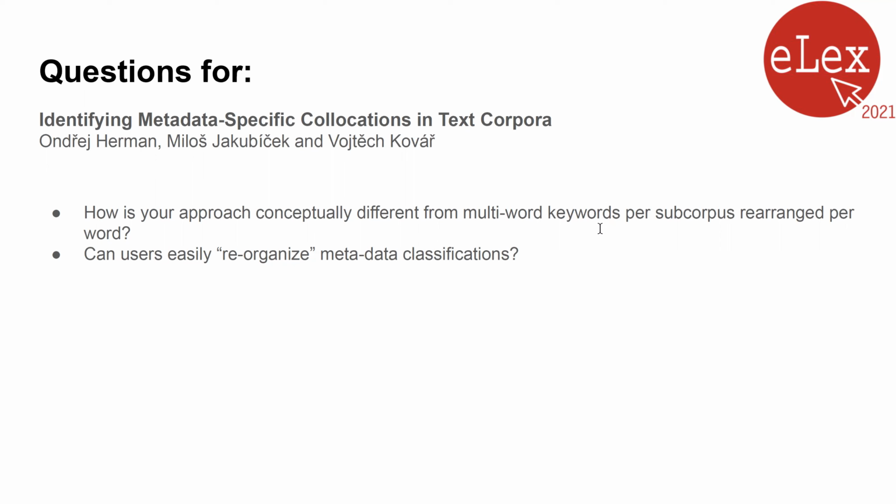I have a second question though. You mentioned in the talk as well online that sometimes these metadata classifications of subcorpora are not that ideal or interpretable. So is there a functionality that users can reorganize the metadata classifications into something they want to see in the collocation information? Do you mean, well, the short answer is no, or not yet.